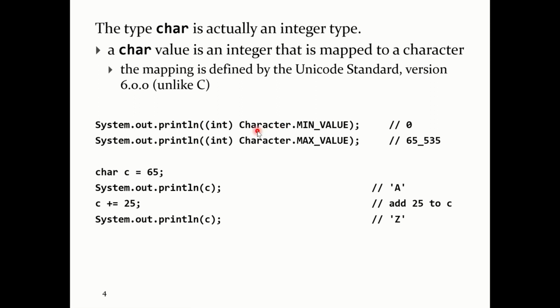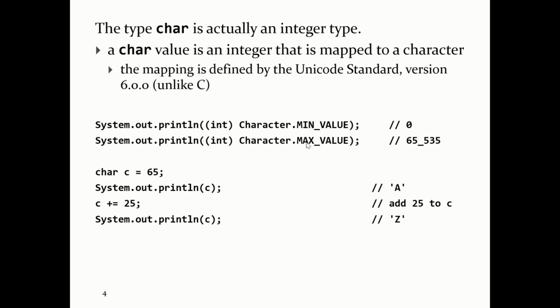Notice that when I print this out, I'm actually casting it to an int. So on this line of code, I take the char value, cast it to an int, and it would print 0. If I take this value, cast it to an int, it would print 65,535. If you don't cast the value, then println will try to print the character corresponding to that.